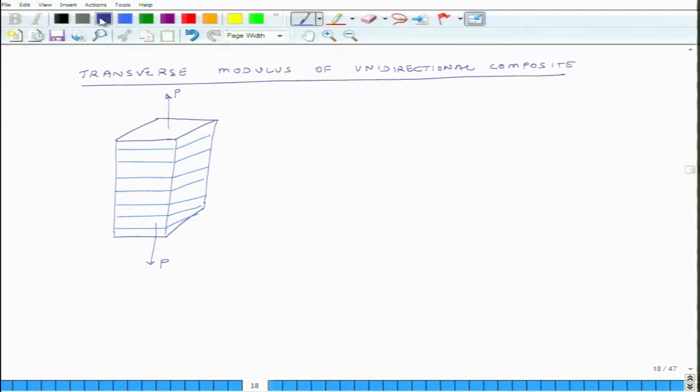So, here fibers and external load are mutually perpendicular.